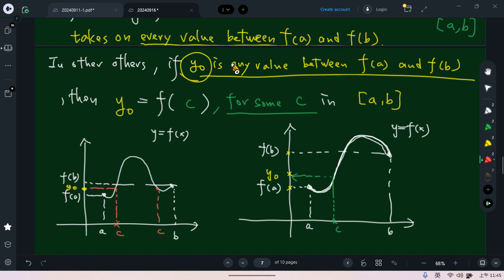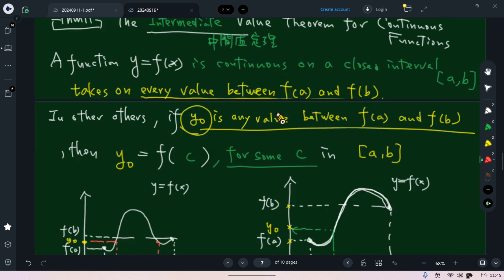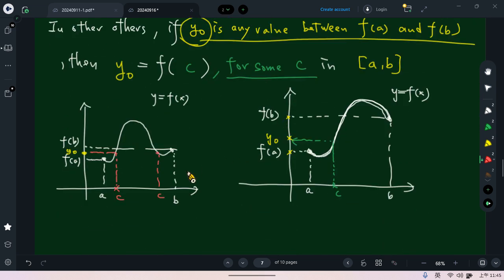This is the so-called intermediate value theorem. In this case, we can find one c. In this case, we can find two c's, satisfying that its function value is equal to y0.